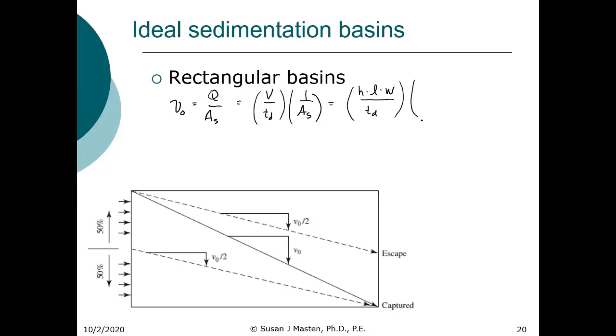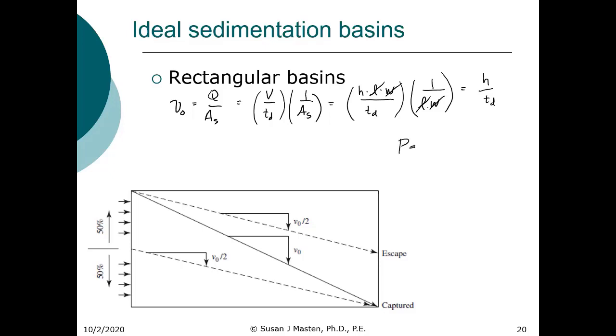And your surface area is the length times the width, so it's the surface looking down. Length cancels, width cancels. So your overflow rate is actually a function of the height of the basin and the detention time in the basin.